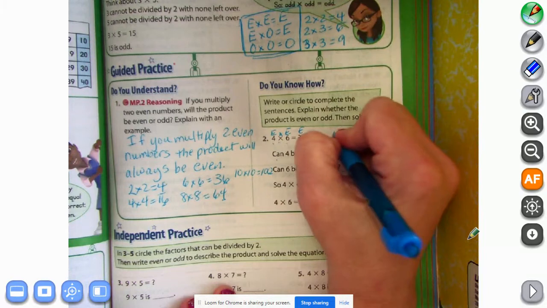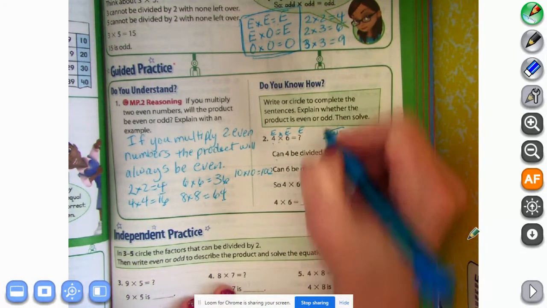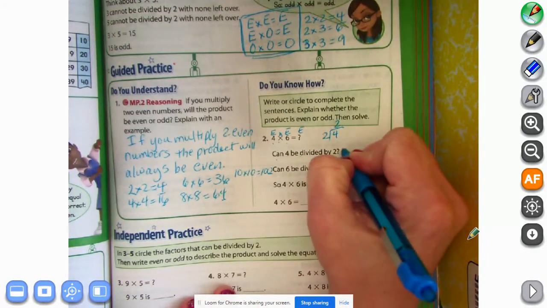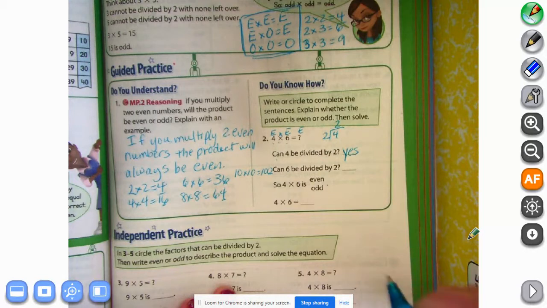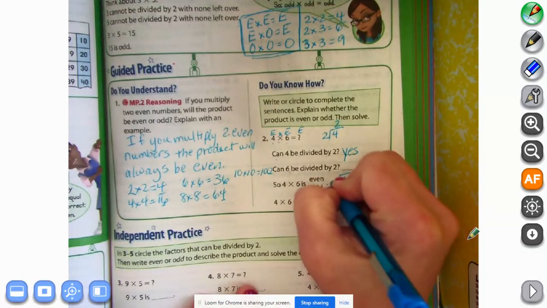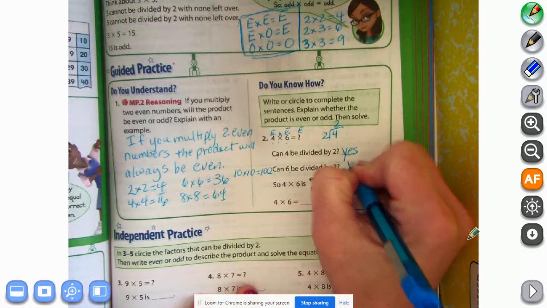If I take 4 divided by 2, I get 2, because 2 times 2 is 4. So, yes. Can 6 be divided by 2? Okay, so 6 divided by 2 will equal 3. 3 times 2 is 6.